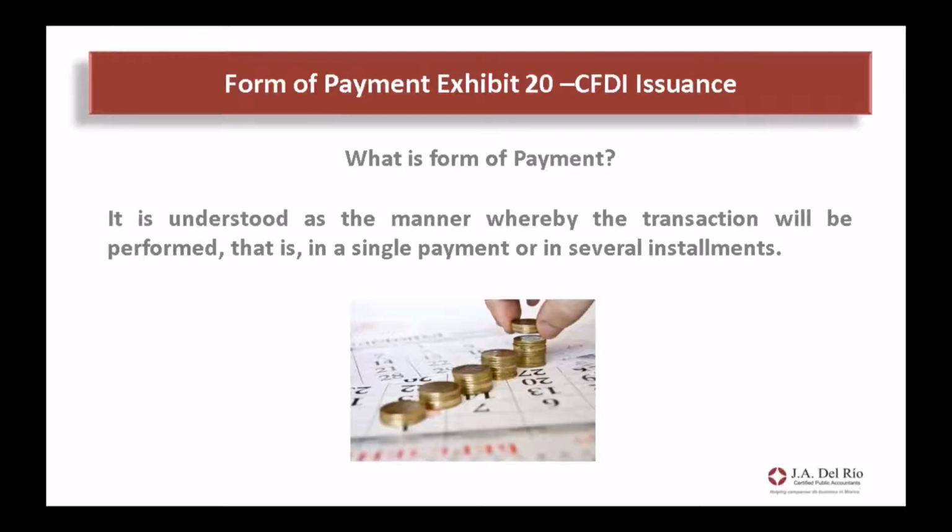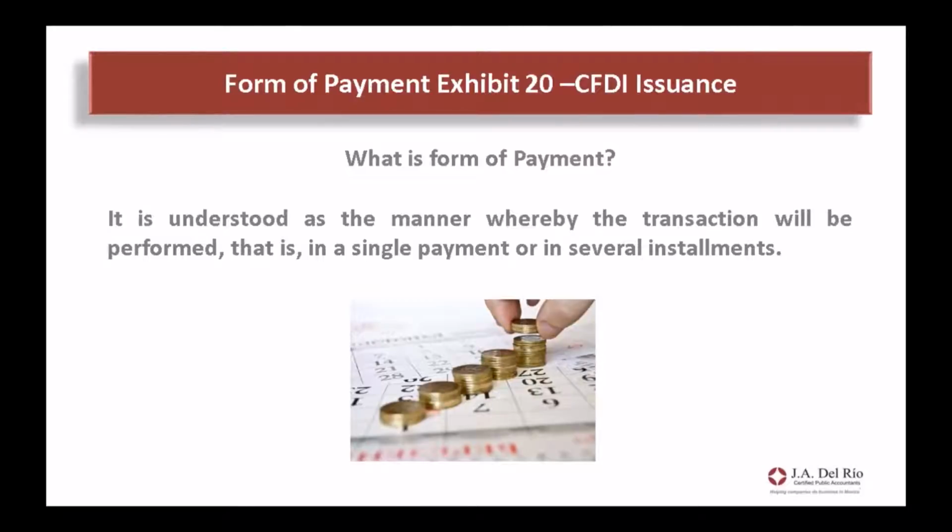So this Exhibit 20 gives us a requirement to include form of payment. So what is this form of payment according to the Exhibit 20? It's the manner by which the transaction will be performed, and that is in a single payment or in several installments.